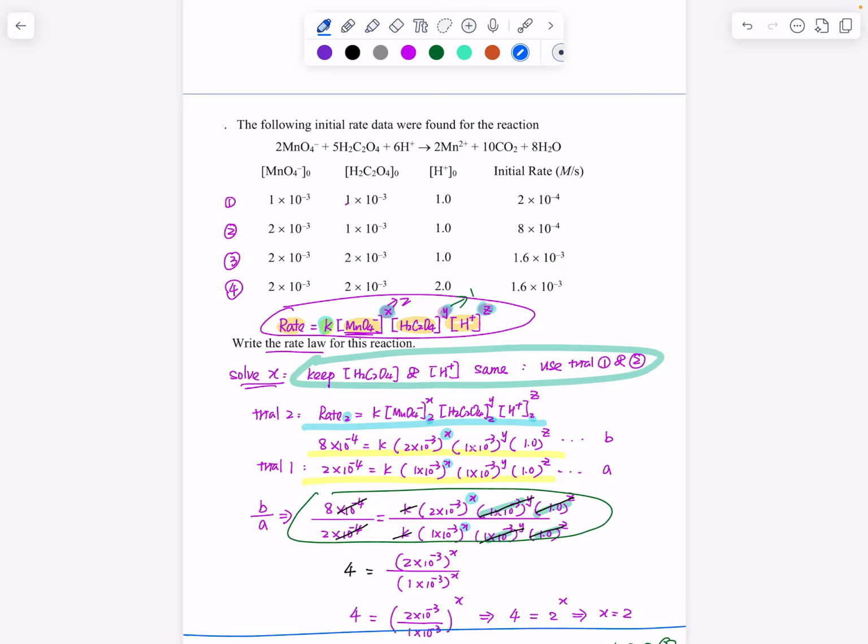As a heads up, since we already figured out the x value and the y value, even if no two trials have the same concentration for the first two reactants, that's still okay because we already have those reaction orders. Just keep that in mind.